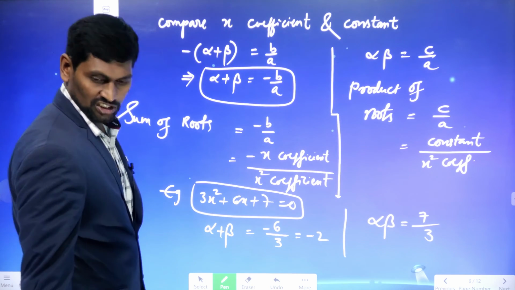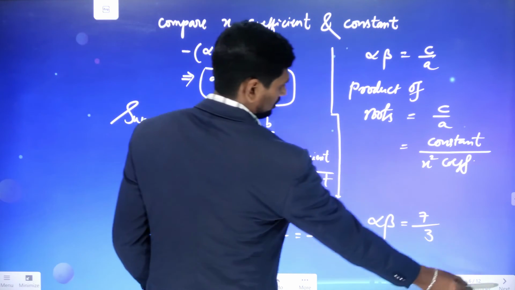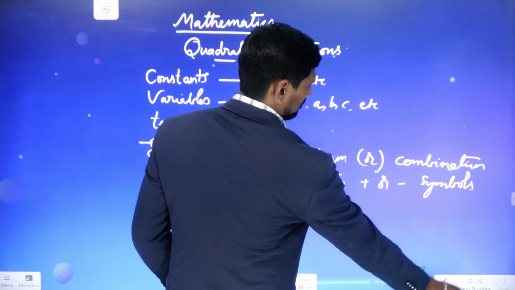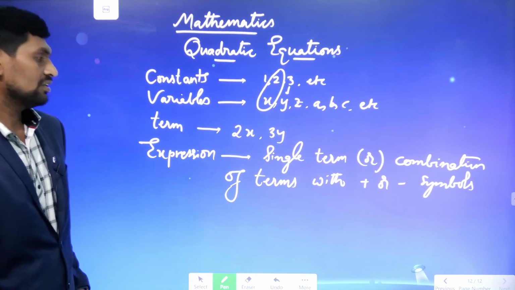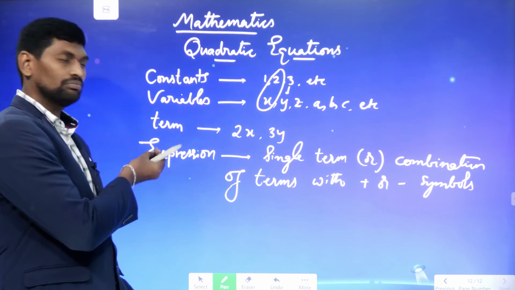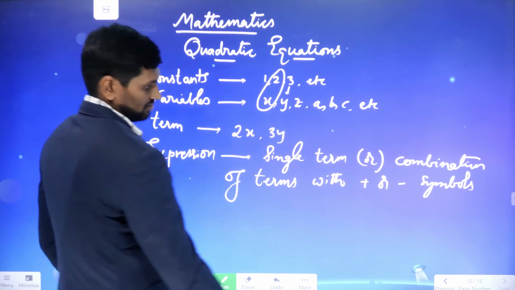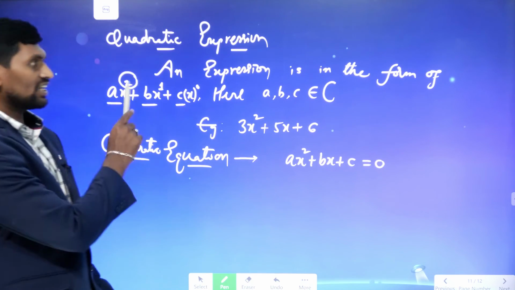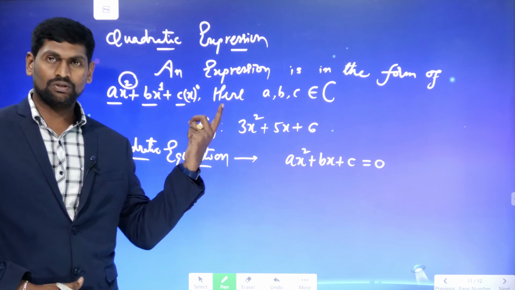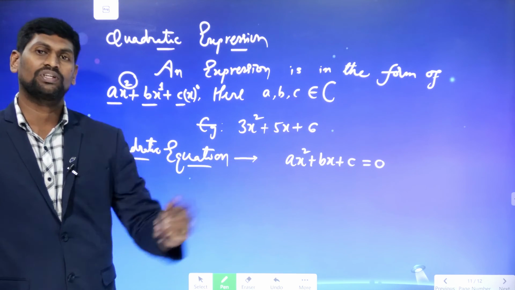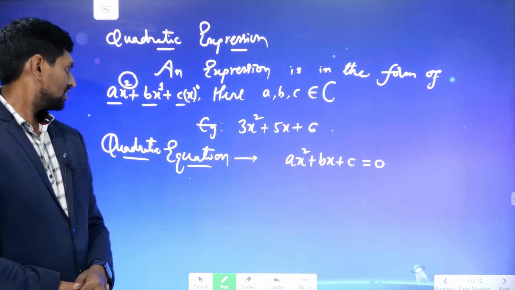Yeah, once see the concept we have discussed today. For some basic information: constant, variable, term, expression. Quadratic expression is in the form of ax square plus bx plus c, where a, b, c are complex numbers. Okay, na?